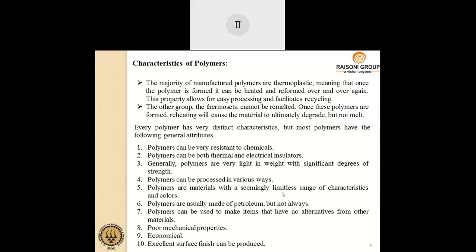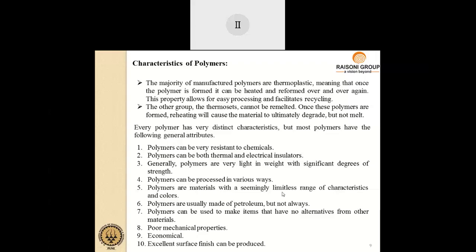Like, polymers can be very resistant to chemicals, meaning they do not easily react with chemicals. This is a characteristic of polymers. Polymers can be both thermal and electrical insulators. Polymers can act as an insulator in both thermal and electrical fields.